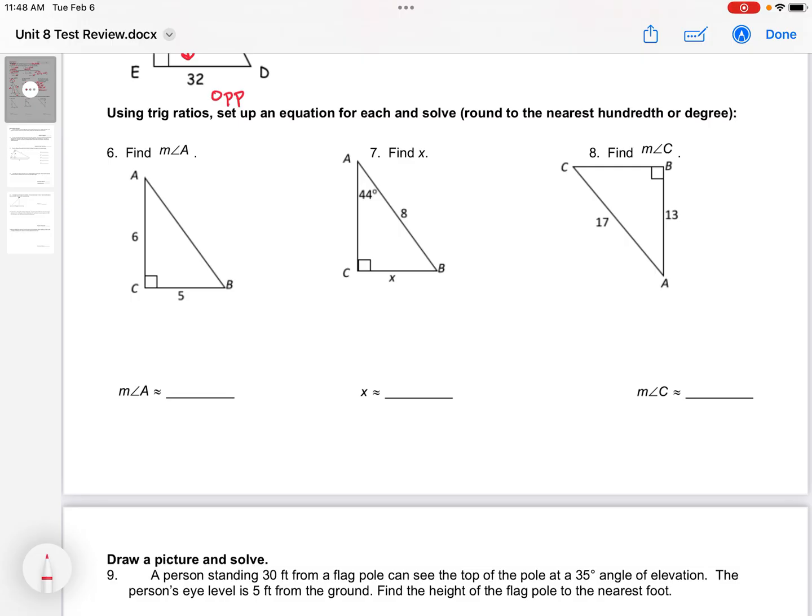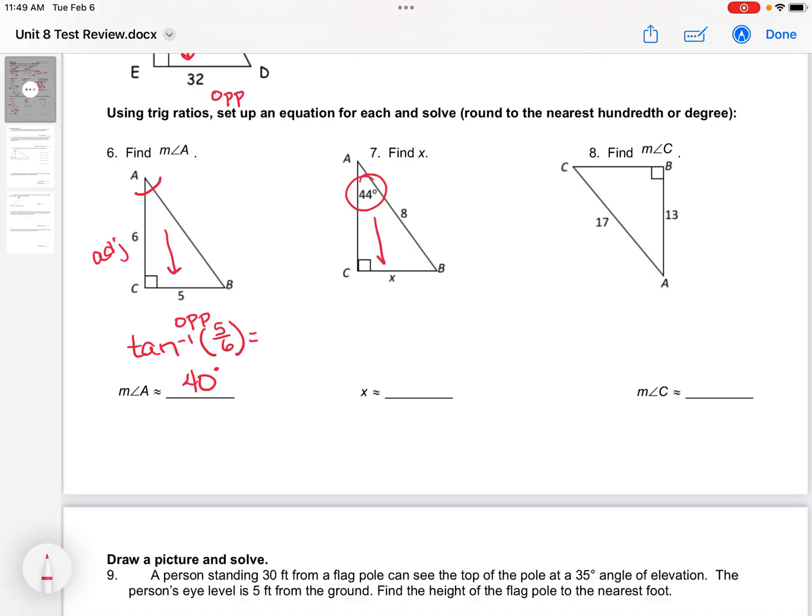Okay. So I'm looking for angle A, opposite, adjacent, which means tan. Since I'm looking for an angle, it's going to be second tan, 5/6. And that is going to be equal to 40 degrees.